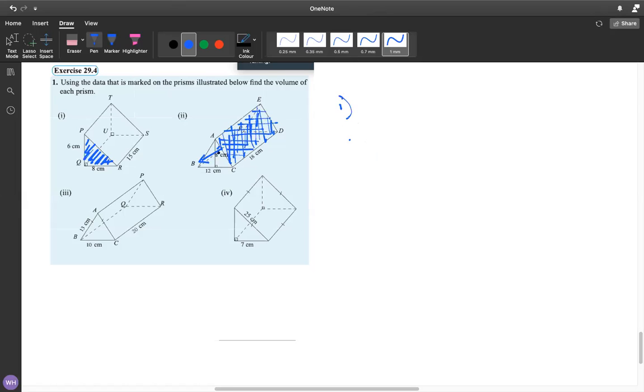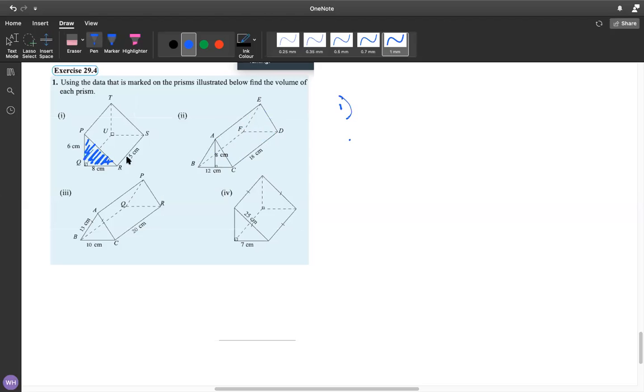Imagine it three dimensionally, not in 2D. If you go along the prism this way, does it change? No. Right? So you cannot consider this as a cross section.